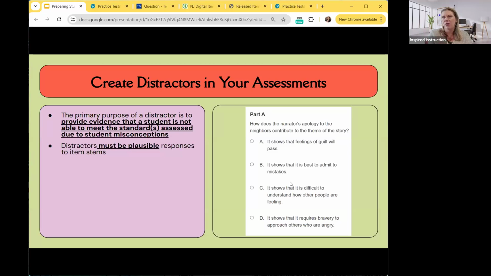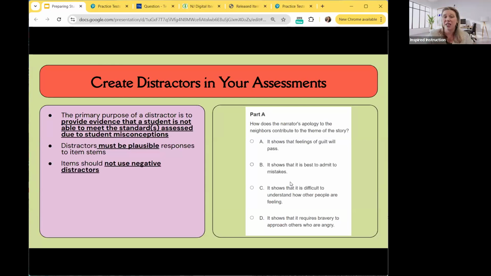One of the things that to me is always an easy giveaway is if they're not parallel in sentence structure. If all your answer choices kind of look the same way, there's less chance that kids are going to be able to pick out the obvious wrong answer. So we want to make sure that they're plausible in responses and plausible in terms of how they are laid out in structure.